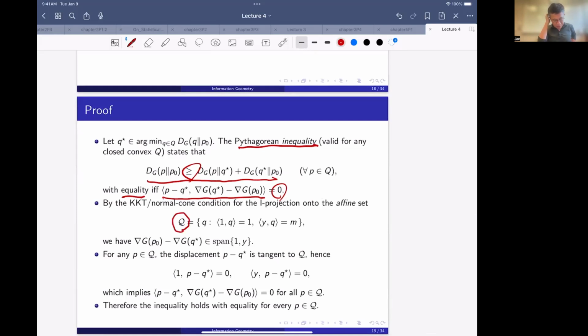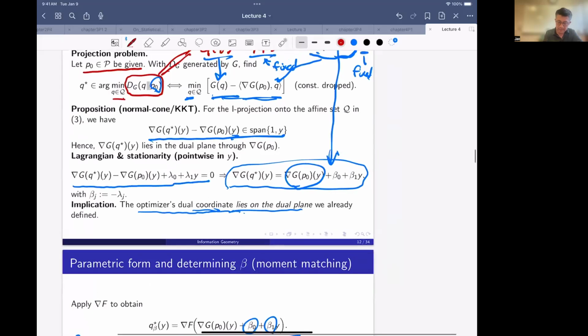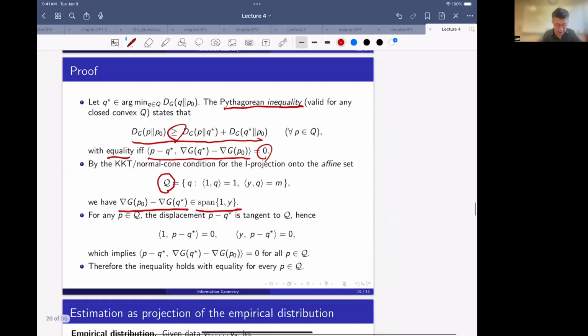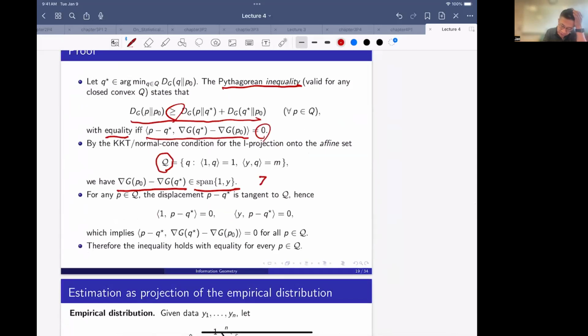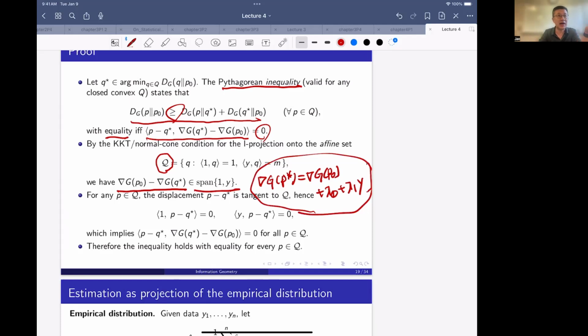Now if you have the I projection, the Bregman projection, we know that this will lie in the span, right? That is the Kuhn-Tucker theorem that we already have seen here. So basically we have P star, because this P star is our solution, so the projection will be P star equal to P0 exponentiated with lambda 0 plus lambda 1 y, right? This is the result of the Lagrange multiplier method.